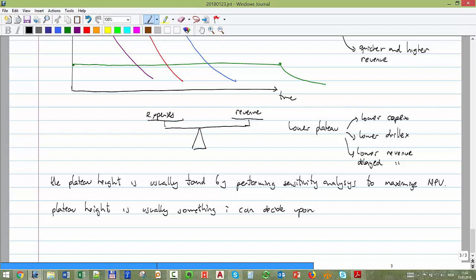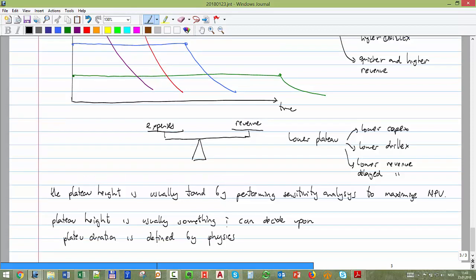But something I cannot decide, or I have completely no control over, is the plateau duration. Okay, it is given by physics. Just by the physics of my system. It's a natural limitation of my system.